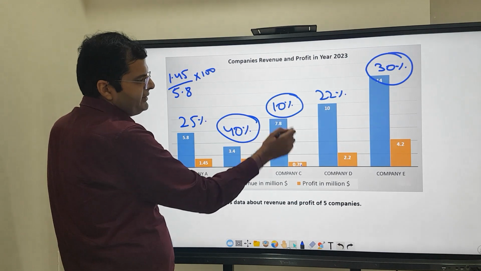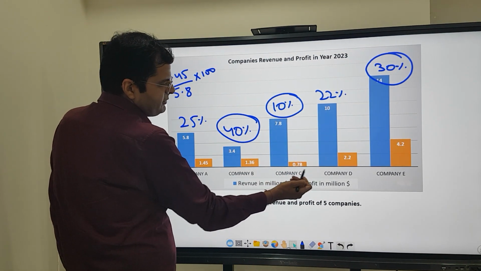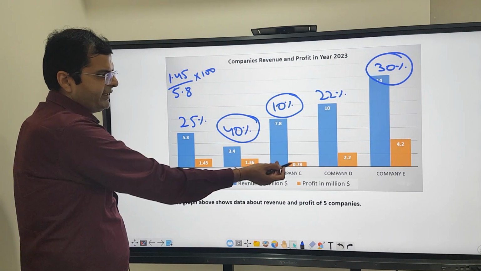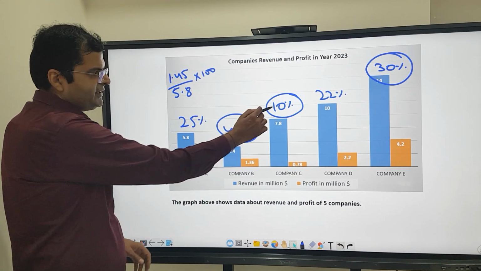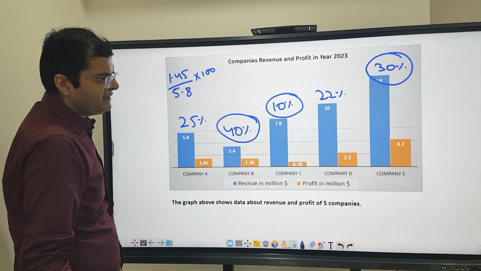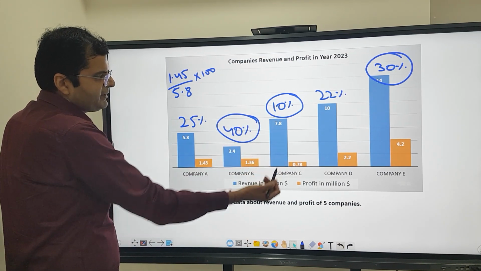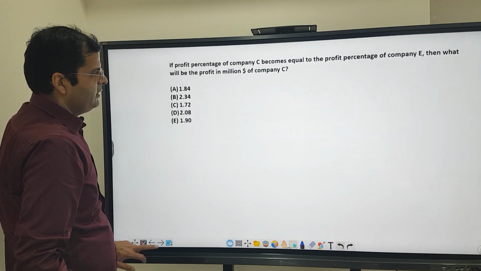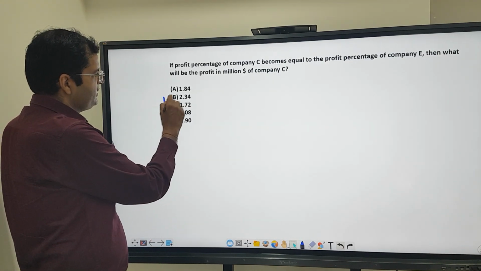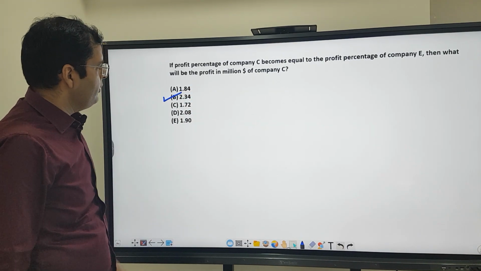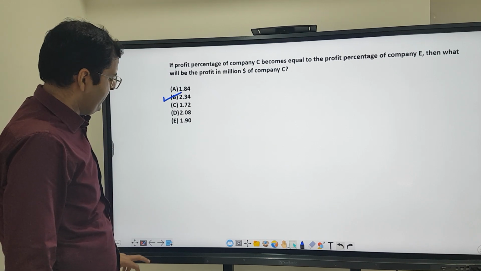So 30% will be 3 times this, because if it is 10%, the profit is 0.78 million. So 0.78 into 3 is 2.34. So $2.34 million is the right answer.